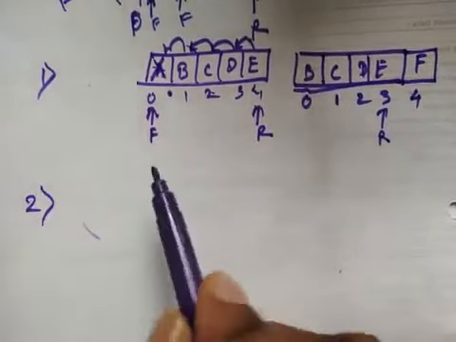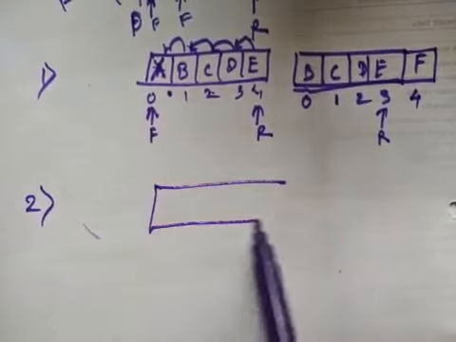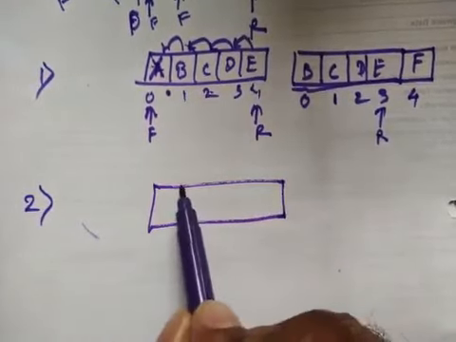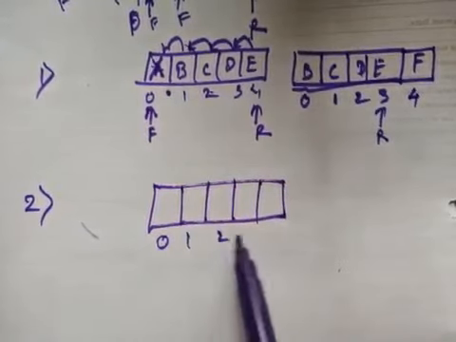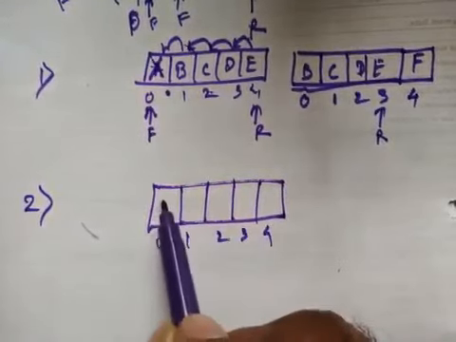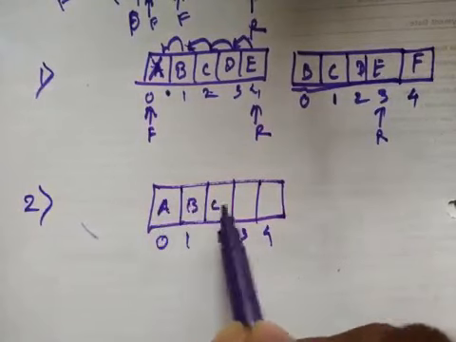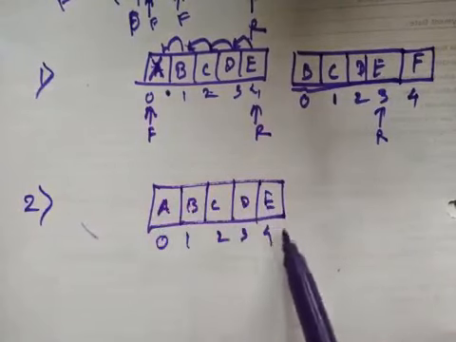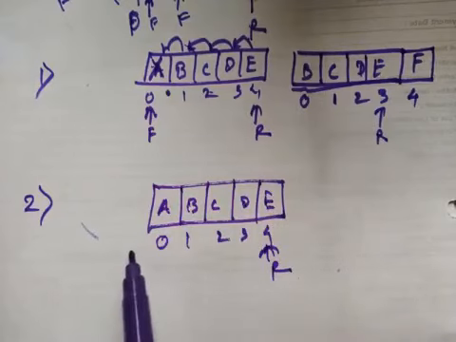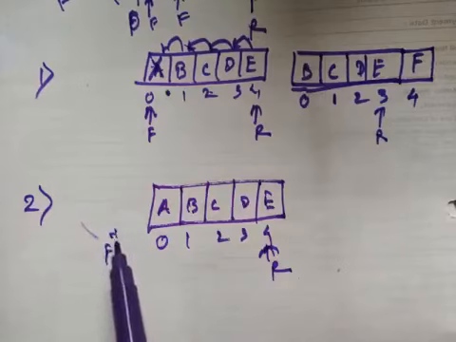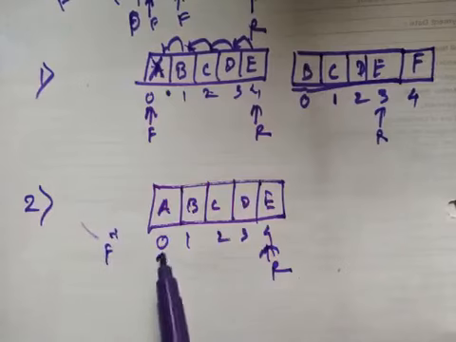For that, suppose you have a linear queue of size 5, 0, 1, 2, 3, 4. Now you insert A, B, C, D, E. Now your rear is pointing to this position, and your front is initially pointing to the -1 position. Now suppose you delete an element, so the first element is deleted.